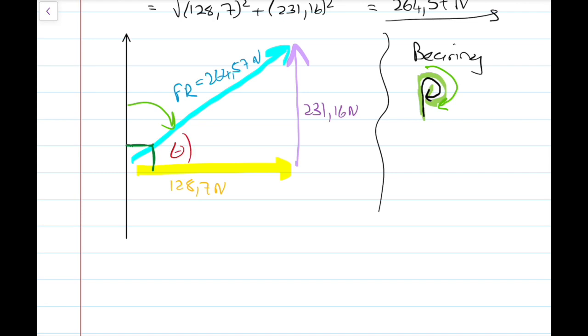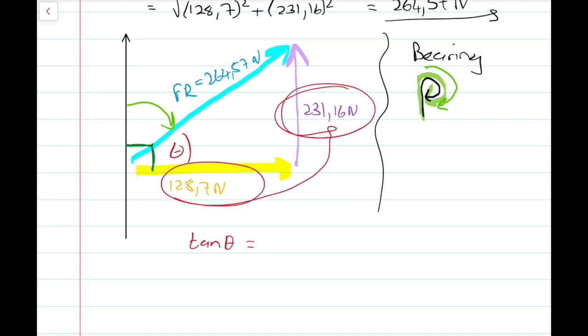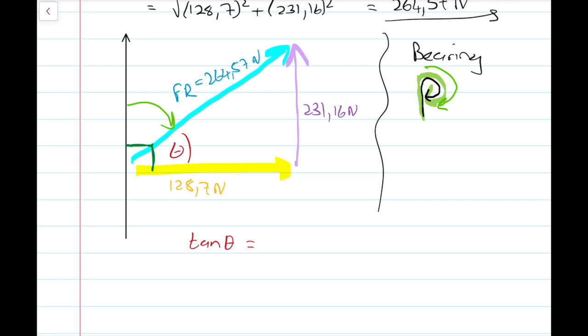Now you can use sine, cos, or tan. It doesn't really matter because you have each of your sides. I'll just use tan in case I messed up my resultant. So tan theta is equal to opposite over adjacent. You guys know how tan works, the so-called TOA.